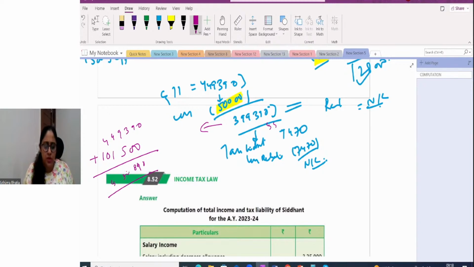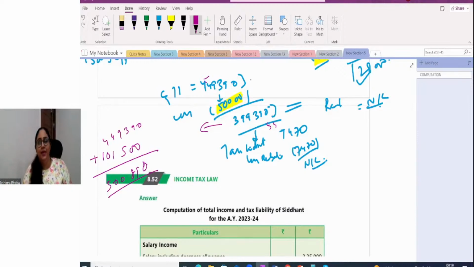So why is it matching here? Okay, let me match it. I added the standard deduction. What am I doing? Sometimes the brain gets stuck so much. See, I did the stupidity.